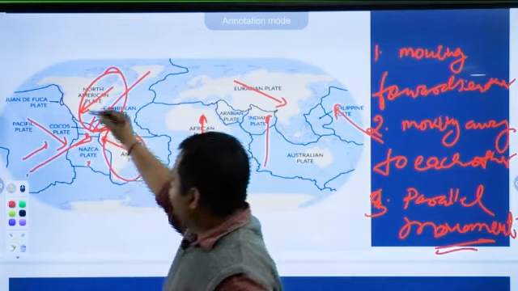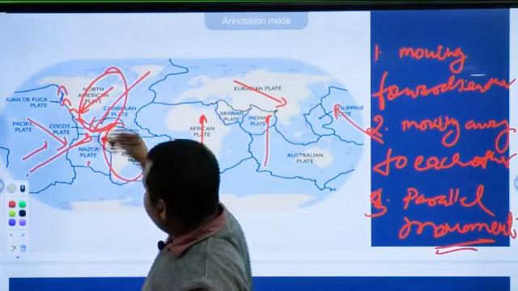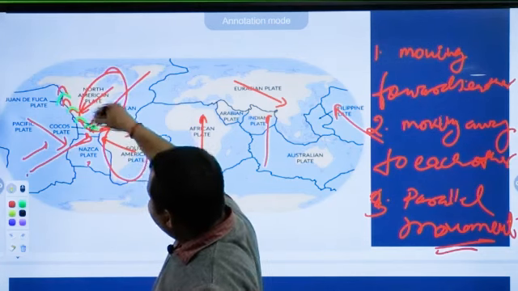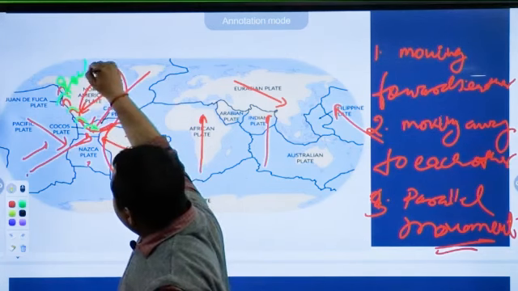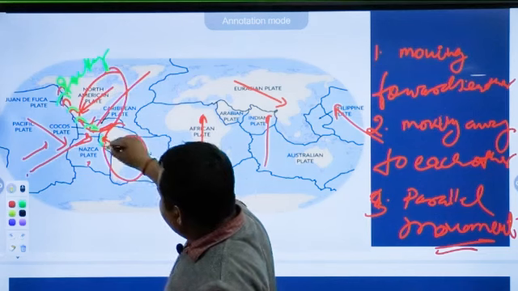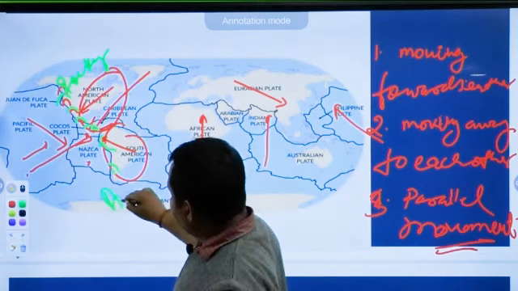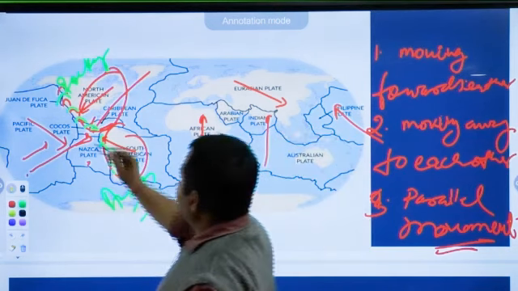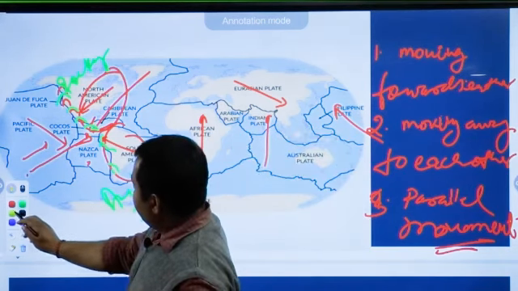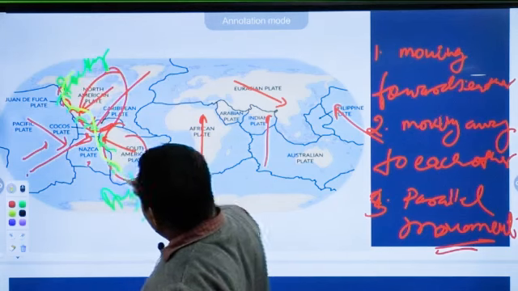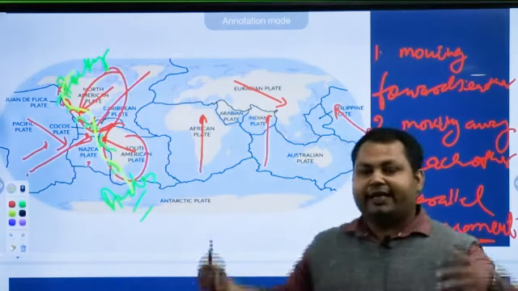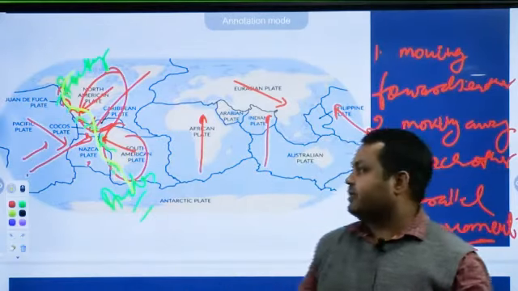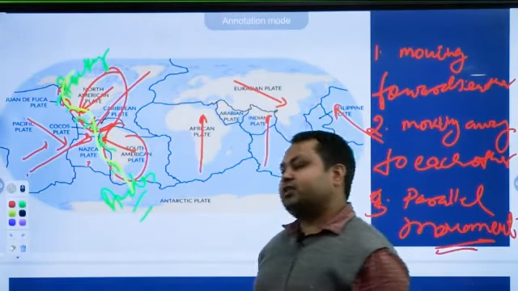That's why folded mountain systems form: the Rockies in North America and the Andes in South America. This is an example of converging plate movement. If the plates are moving towards each other and forming new folded mountains, the zone is considered a converging plate margin.